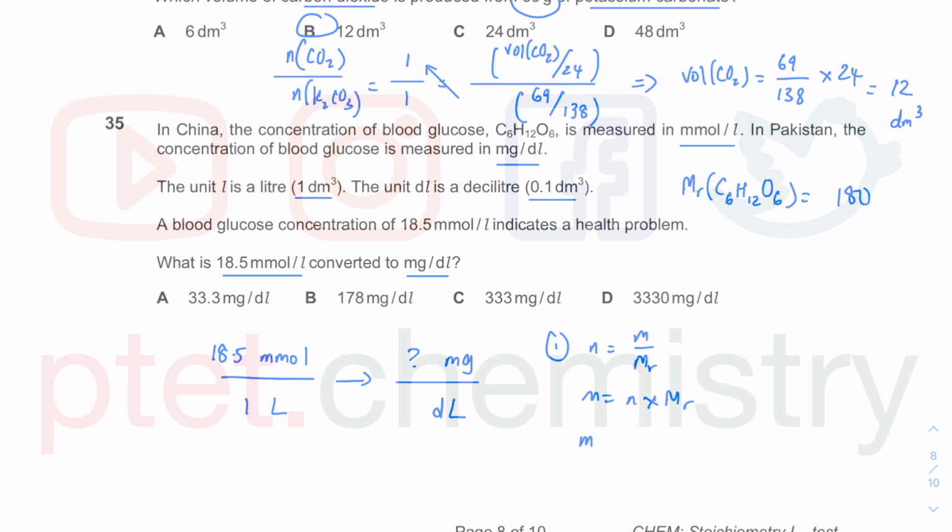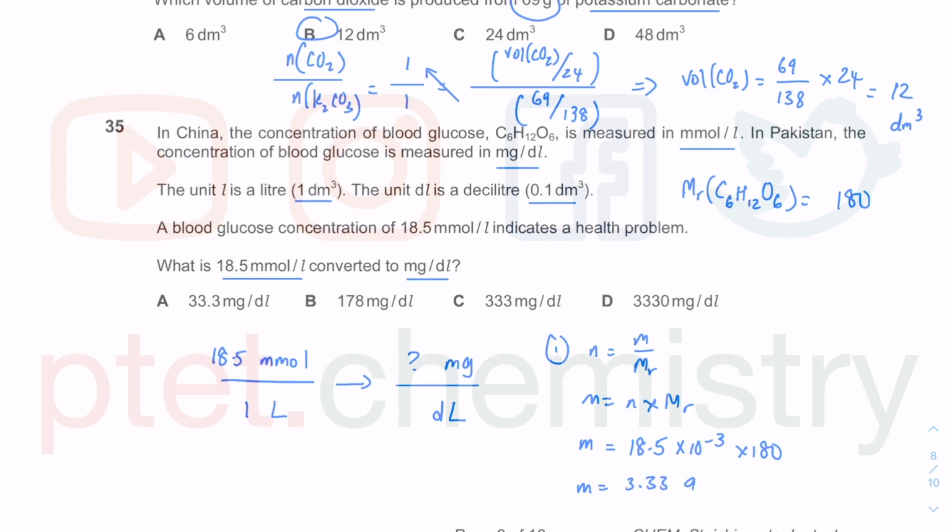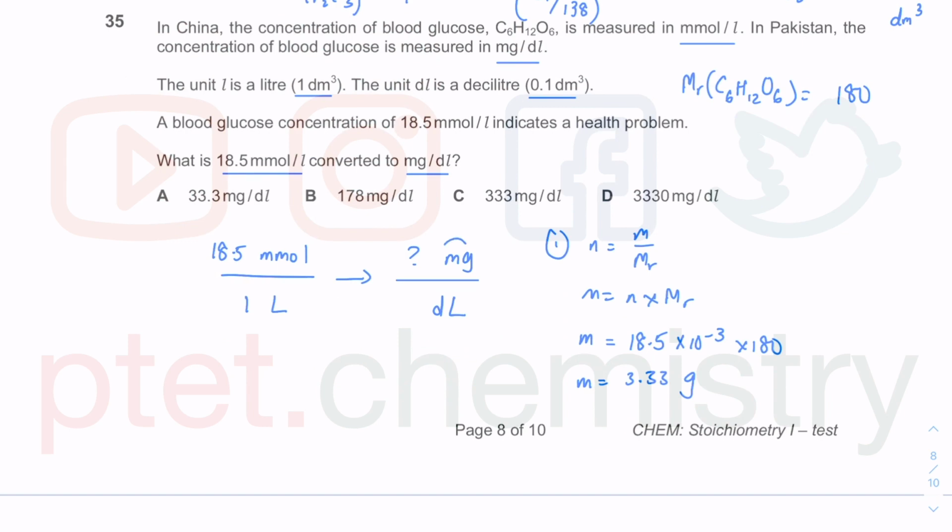So the mass of the glucose is 18.5 millimole, times 10 to the minus 3 to convert millimole into mole, then multiplied by the mR, 180. This gives me 3.33 gram, but I want it in milligram, so I multiply by 1000 because 1 gram is 1000 milligram. So this is 3330 milligram.